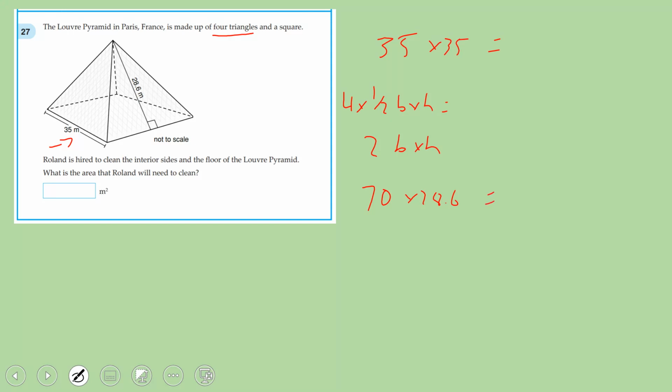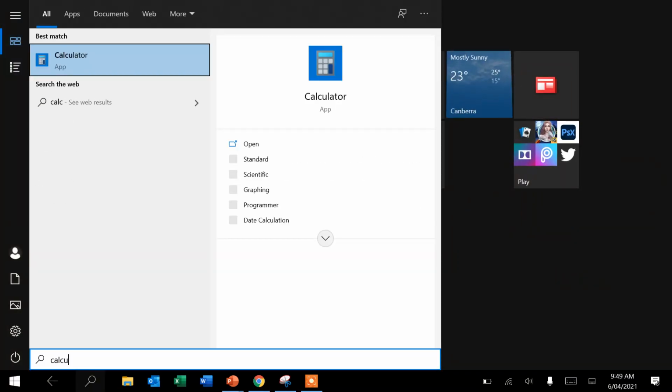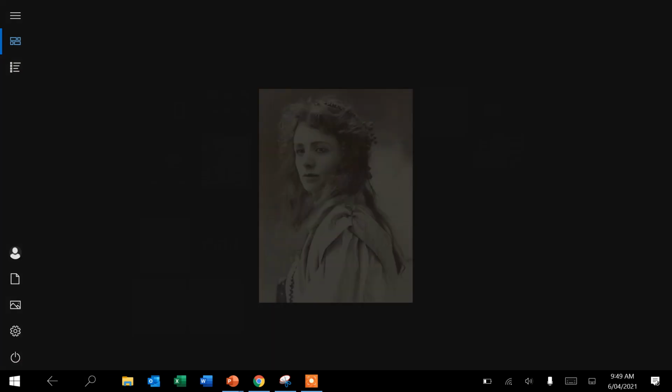So 30 times 70. 3 times 7 is 21, plus 1 0, plus another 0. So very roughly, that is one thing, and this will be a little bit more than 1,000. So adding them two together will be 3,100. Roughly, I will go get my calculator and get the real answer actually.